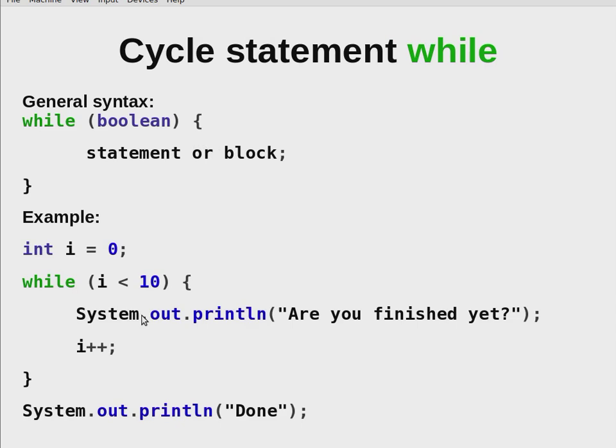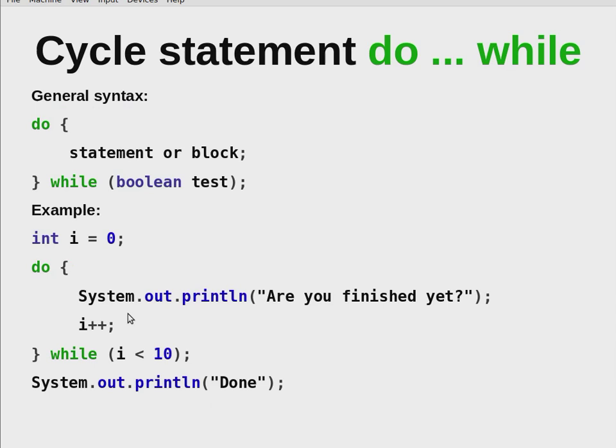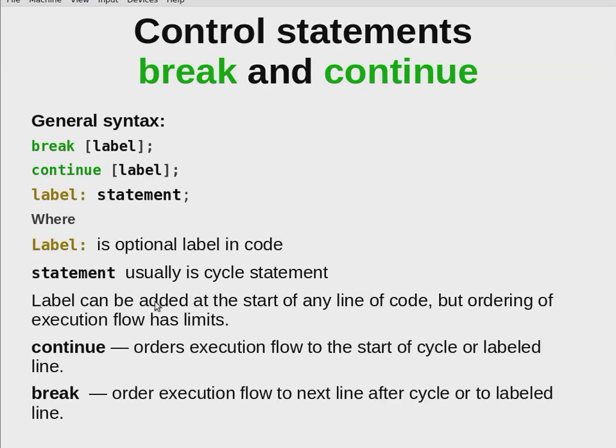So this may be not executed at all. This do will always be executed at least once, because you do first and check conditions later. When you go out of loops, you use break to break out of the loop completely, or continue to break out of the current iteration but still continue the loop.